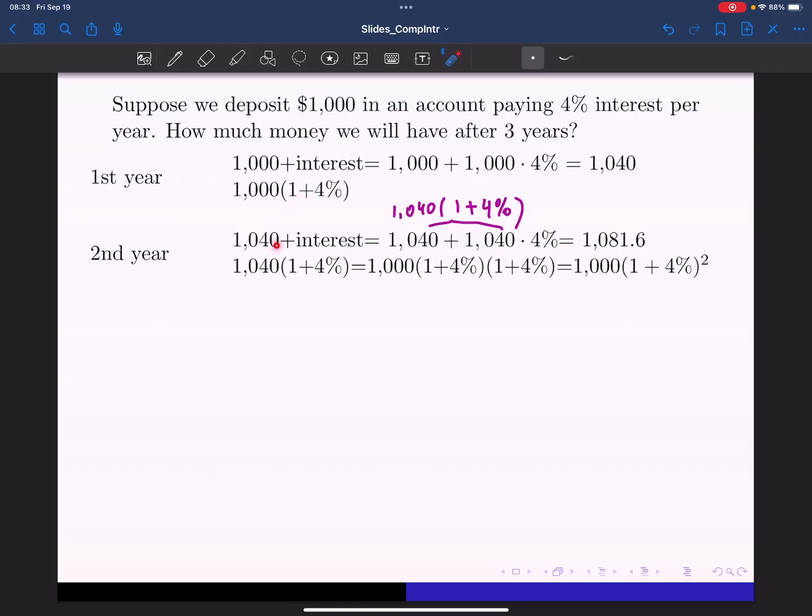Now we have 1,000 times 1 plus 4%, and then from this account, 1 plus 4%. If I have two of the same brackets, that means it's squared, because we know that a times a is equal to a squared, or bracket times bracket would be the bracket squared.